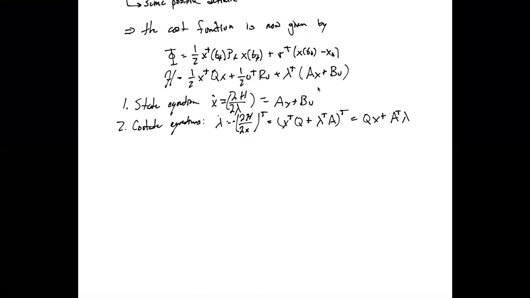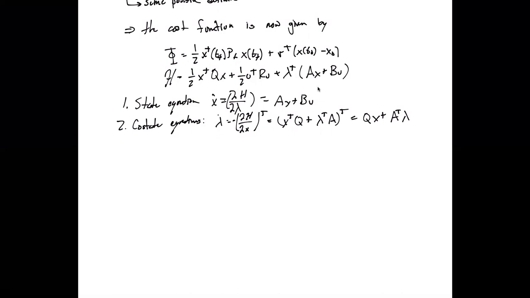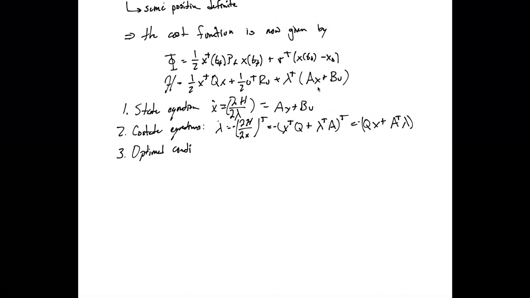All right, next, let's look at the optimal control condition. This will be partial H, partial u, transpose is equal to 0. This implies that we get Ru plus B transpose lambda is equal to 0, which implies that u is equal to minus R inverse B transpose lambda.